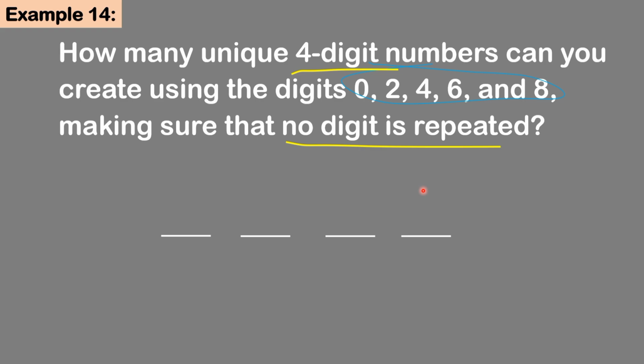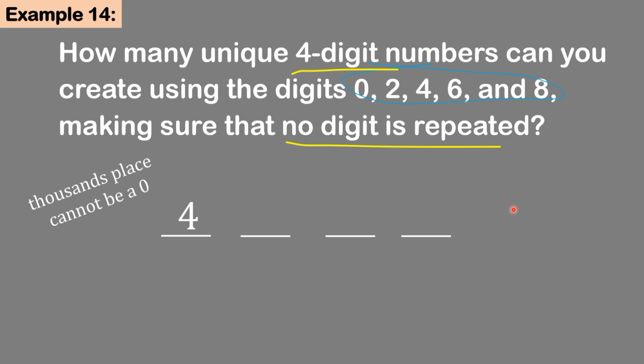To create a 4-digit number, the first digit or the thousands place cannot be a 0, as that would make it a 3-digit number. Therefore, we'll handle the first digit separately and ensure the other digits are distinct.